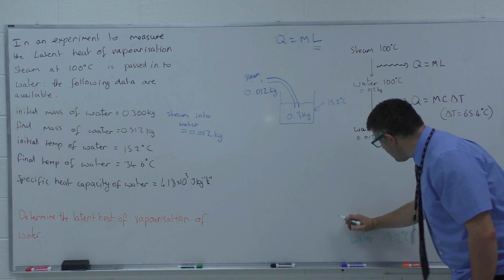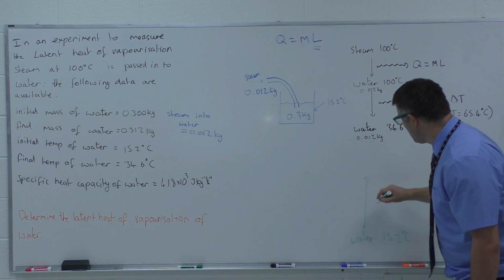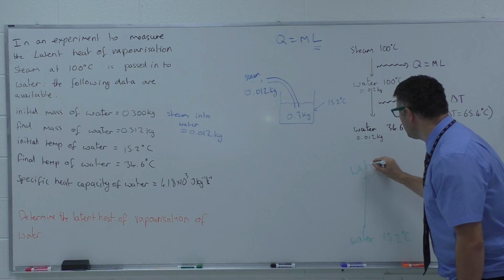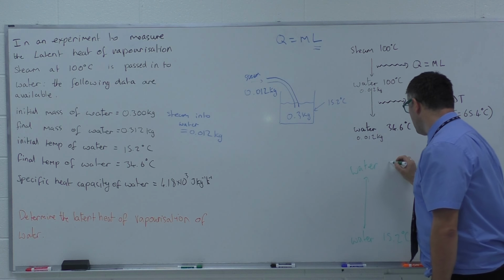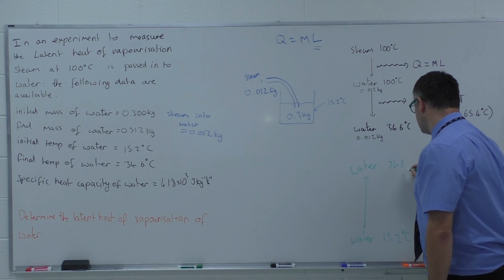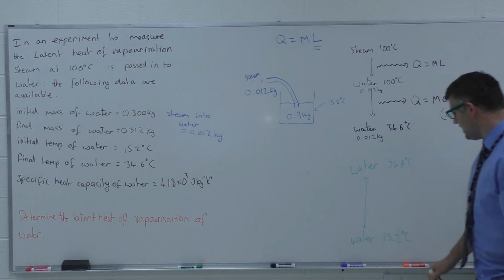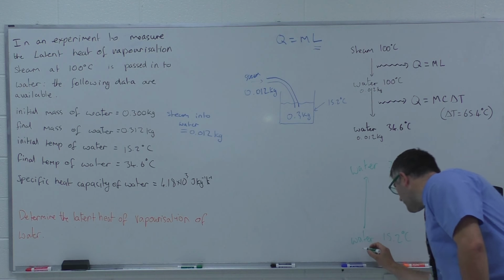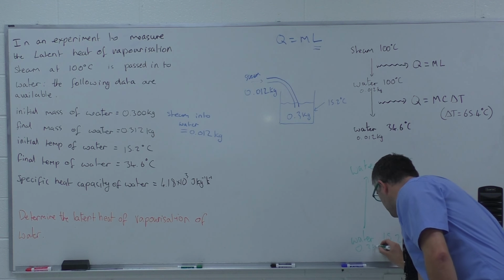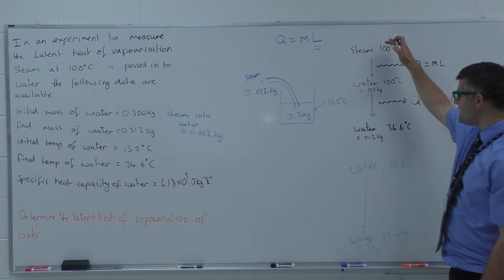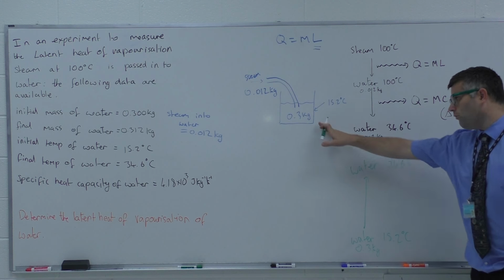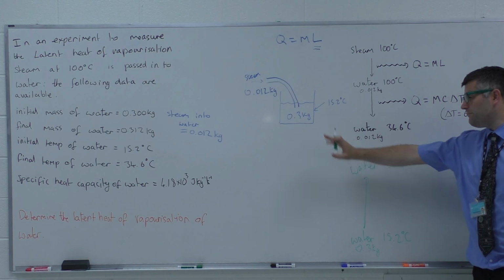And that's becoming water at what temperature? 34.6 degrees Celsius. Remember, this is the 0.3 kilogram amount. We're not talking about the steam anymore. We're talking about the water that is being bubbled into.